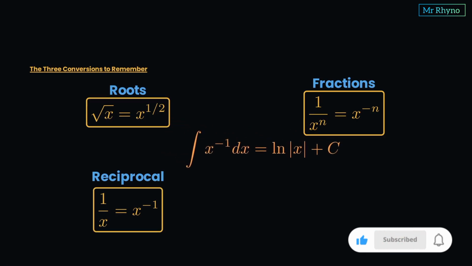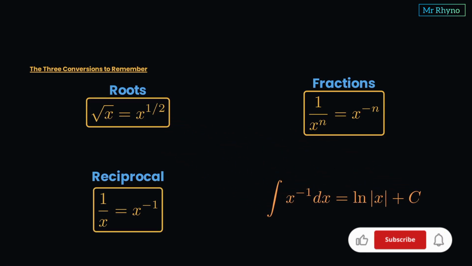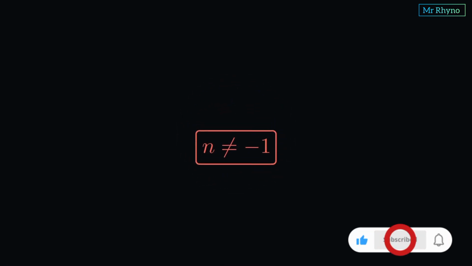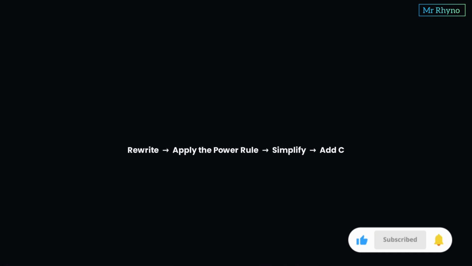But remember, the integral of x to the negative 1 dx equals the natural log of the absolute value of x plus c. The power rule works for x to the n, when n does not equal negative 1. So your process is now, rewrite, apply the power rule, simplify, add c.